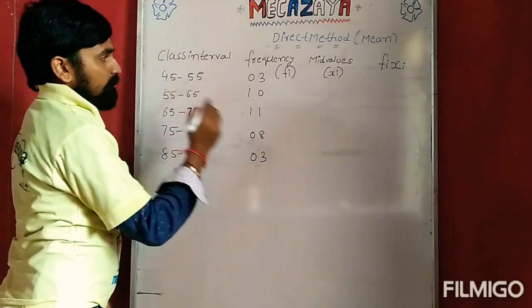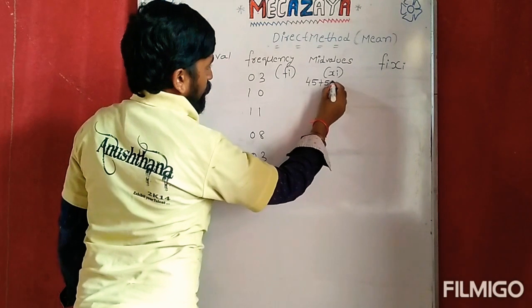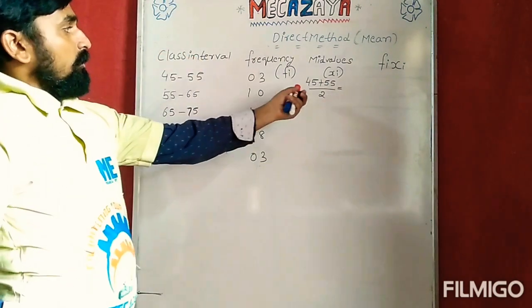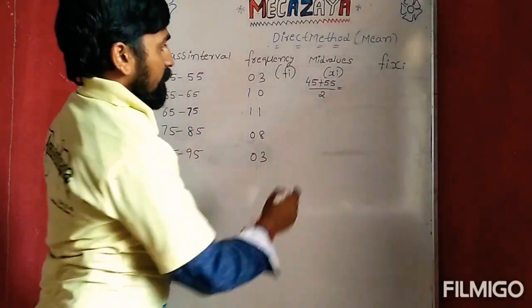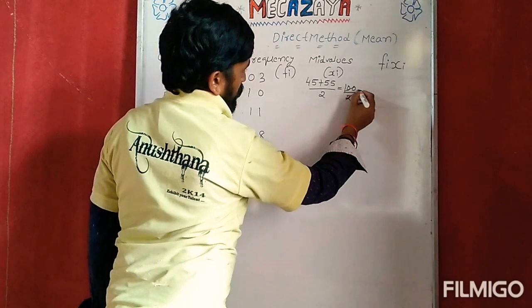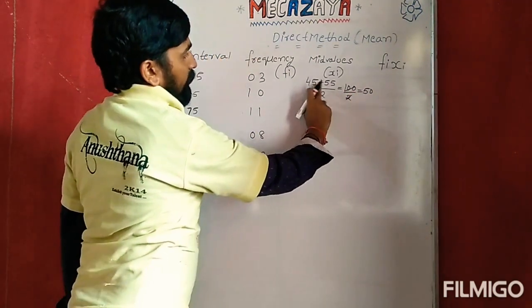We need to add both ends and divide by 2, like 45 plus 55, that is 100, by 2 is 50.